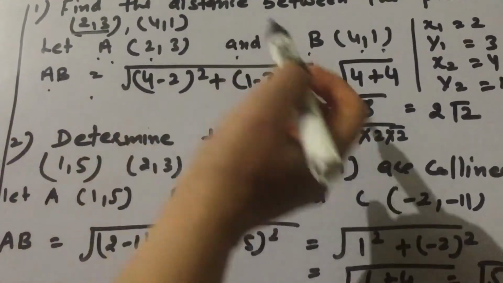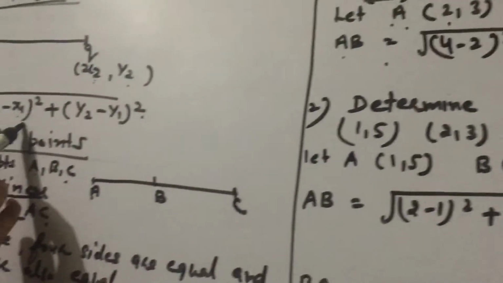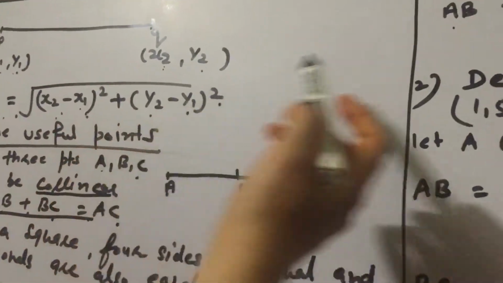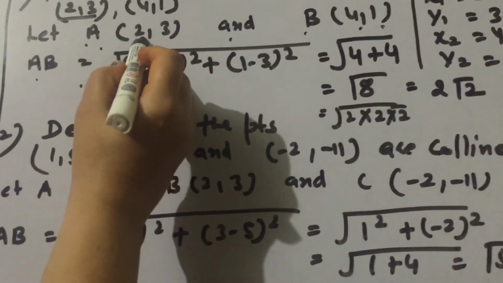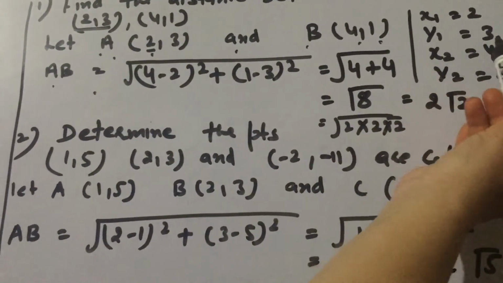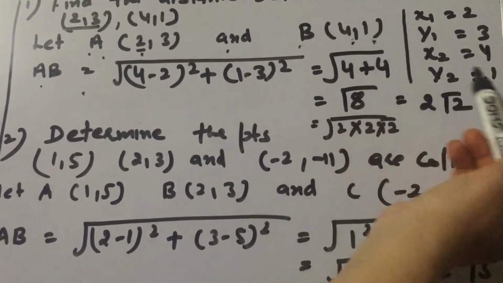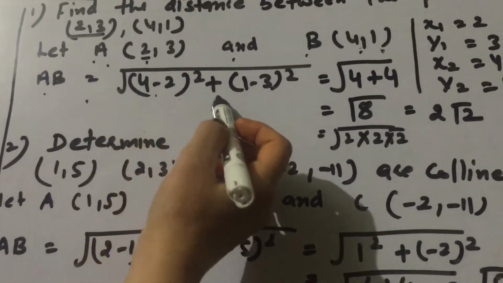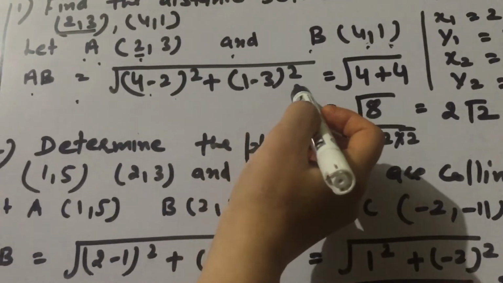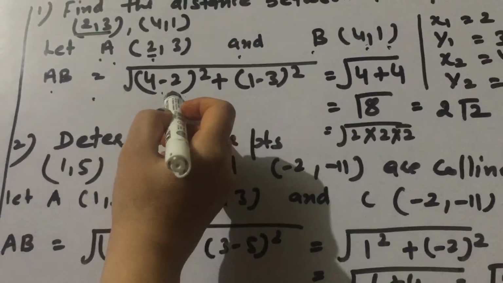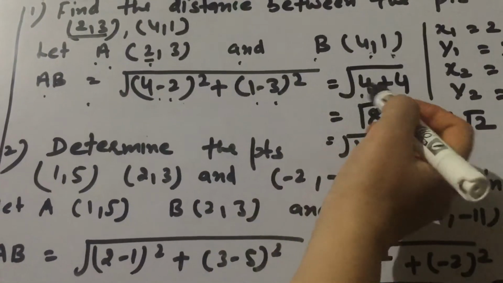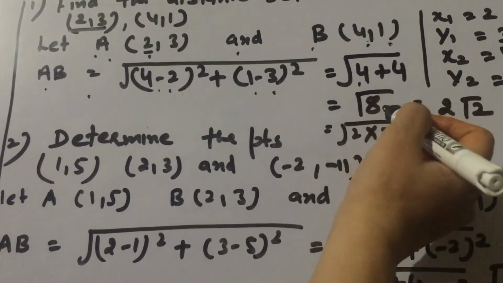So AB equals the square root of (x2 minus x1) whole square plus (y2 minus y1) whole square. Here x1 is 2, y1 is 3, x2 is 4, y2 is 1. Put the values: 4 minus 2 whole square plus 1 minus 3 whole square. 4 minus 2 is 2, square is 4. 1 minus 3 is minus 2, square is 4. 4 plus 4 is 8.